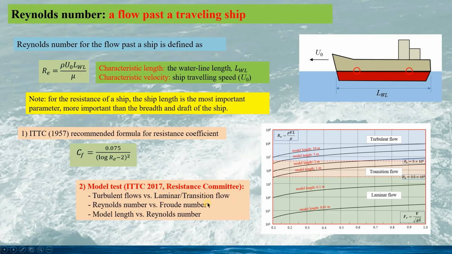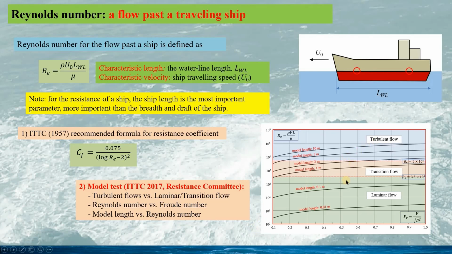This is for the ship model experiment, and we can see for different model lengths the Reynolds number against the flow regime. We might have laminar flow, transition flow, or turbulent flow.